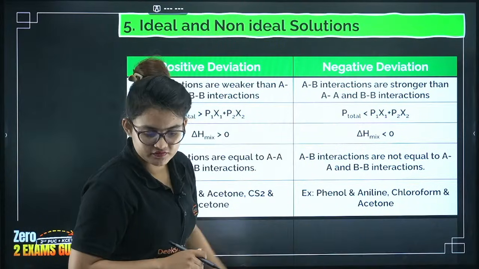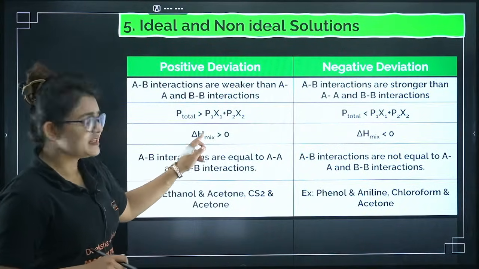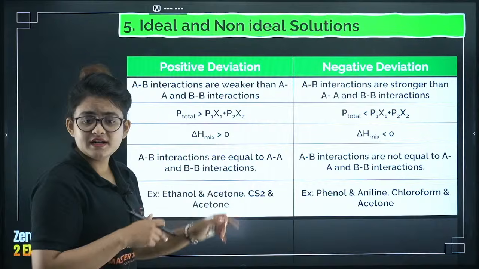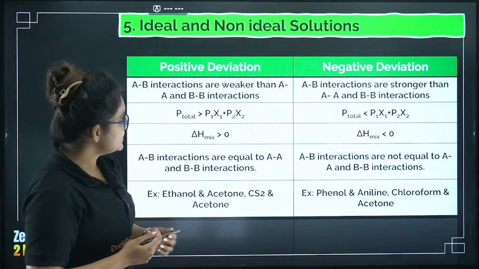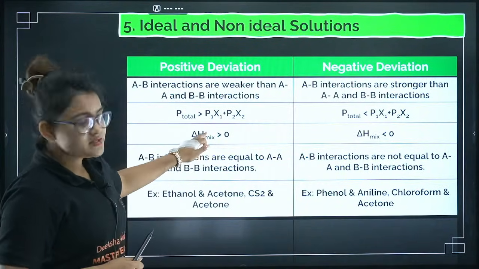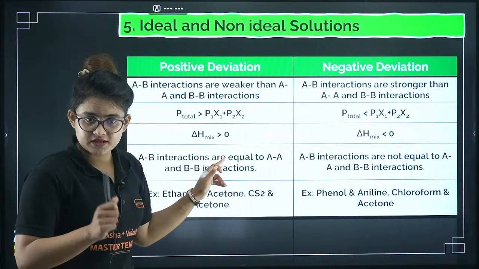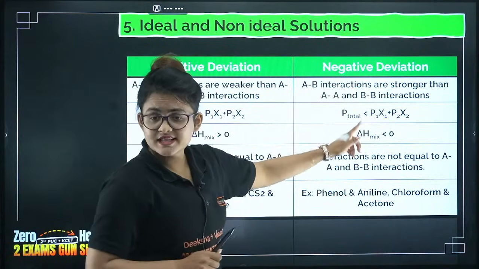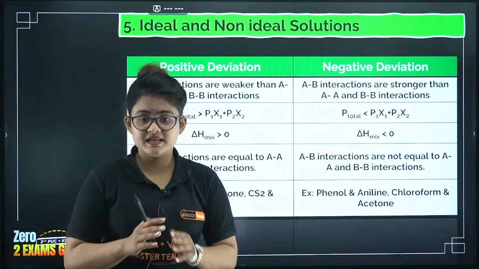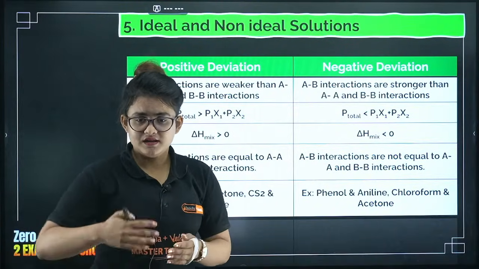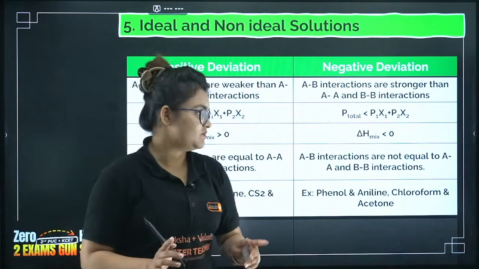Next, enthalpy of mixing should be greater than 0, which is a positive value, meaning endothermic. Here it's less than 0, which means it is exothermic, heat will be liberated, negative deviation.